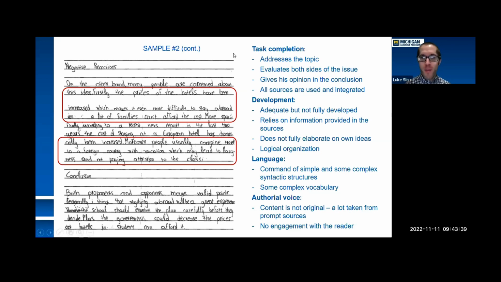The content is simply just not very original. A lot of the language is taken from the prompt sources. The prompt itself is basically repeated verbatim in that introduction paragraph. And then instead of expanding on the sources with their own words and their own language, they're just basically repeating the information from there and then moving on very quickly. So there's not much for the reader to engage with when they're reading this response.